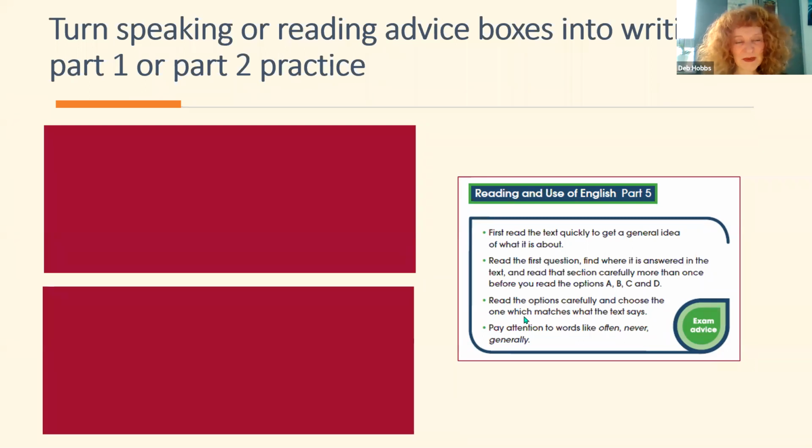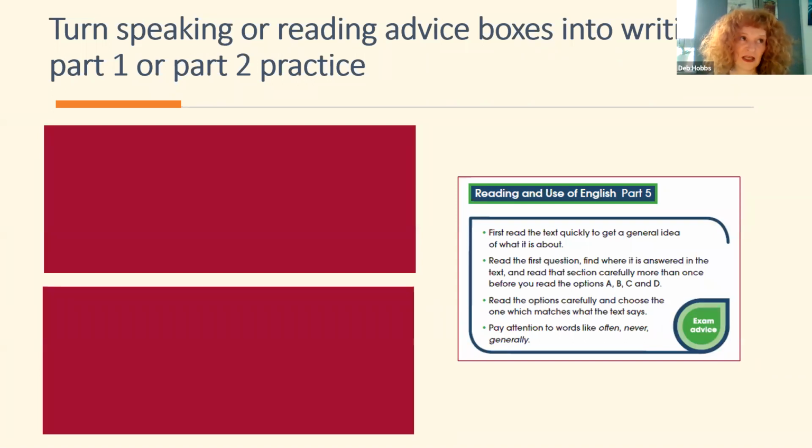What I often find with students, I don't know about you guys, but when I'm reading exam advice to do with reading strategies, things like, I might say skim the article before you look at the questions, or read the article quickly before you look at the questions, often students don't always agree with that advice, which is absolutely fine as long as they can discuss it and justify why they don't agree. But often they don't agree.